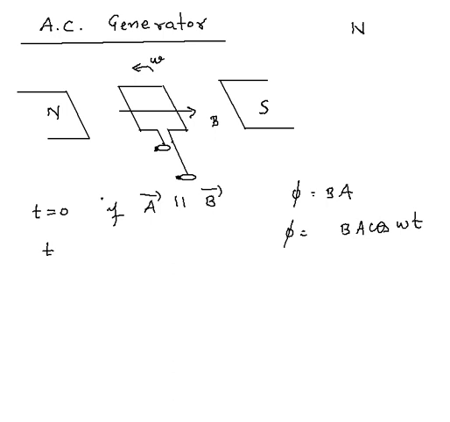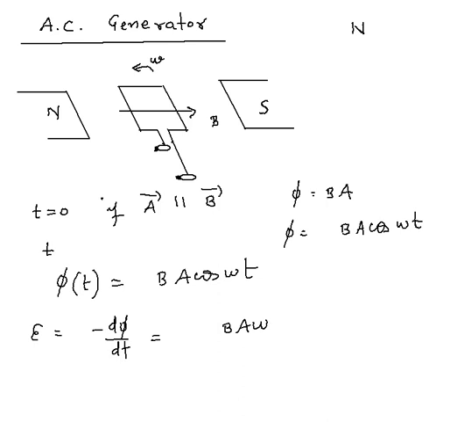Earlier the normal was making 0 angle with B. Now it will make omega t angle with B. So phi as a function of t is given by BA cos omega t, and E induced is minus d phi by dt, which is BA omega sin omega t.